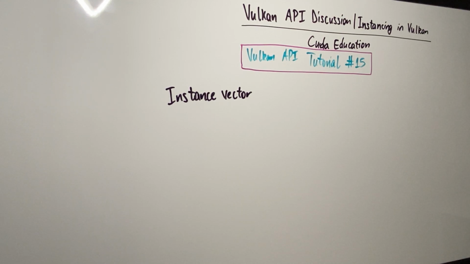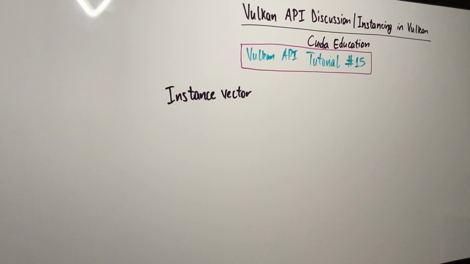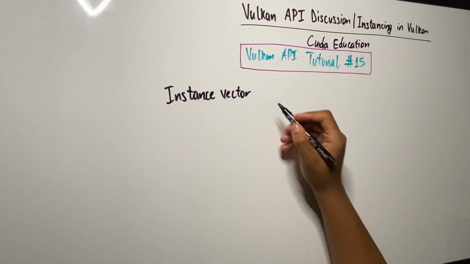So, in our case, we have 8,000 instances for my case. So the vector will have 8,000 elements in it. Okay?